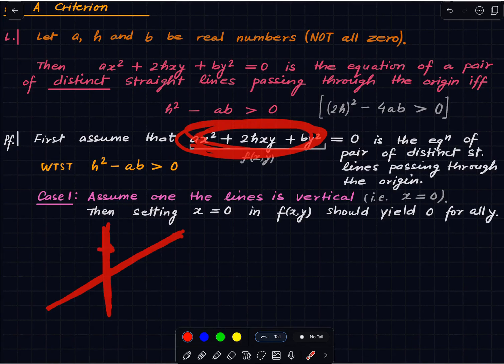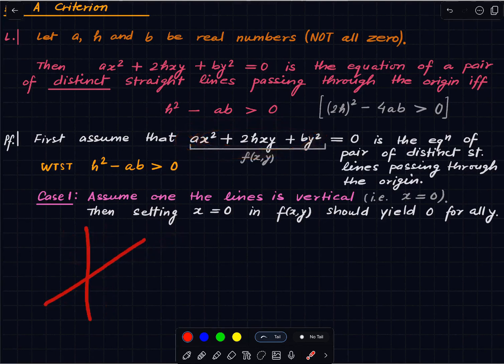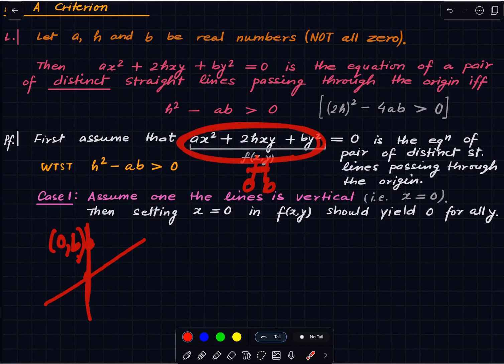An arbitrary point on this line looks like 0 comma b. And if you substitute 0 comma b in place of x and y, meaning in place of x you write 0, in place of y you write b, this expression should become 0 because this point is in the 0 set of this expression.